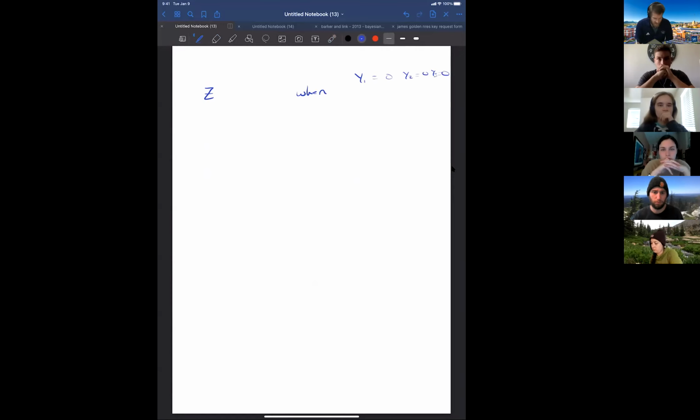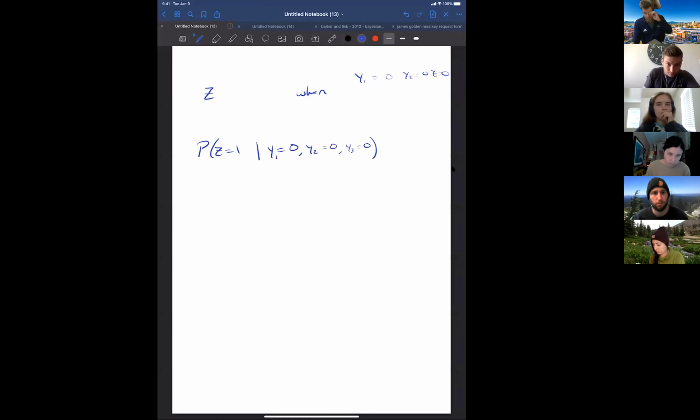So what we know about these Z's is we went to the site 3 times, and on each of the times we didn't observe it. For that to happen, the probability that Z equaled 1, given y1 equals 0, y2 equals 0, and y3 equals 0, is something that we can work out.